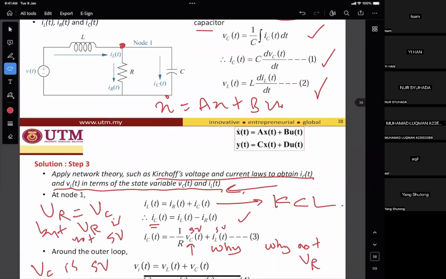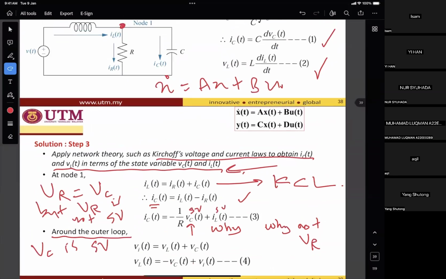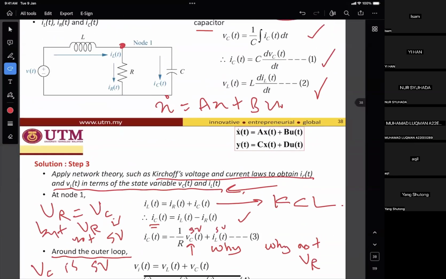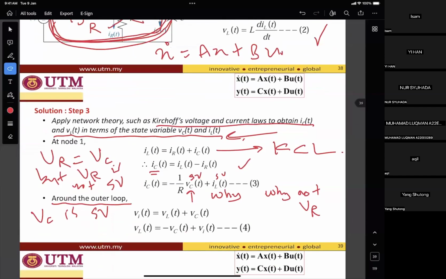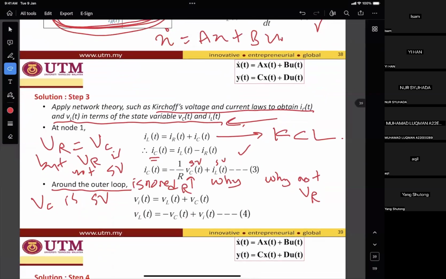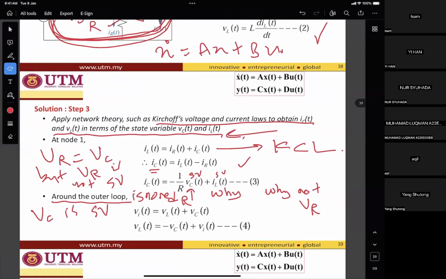So next we go around the outer loop. The theory says we only consider the outer loop, like my drawing just now, and we ignore R. So VI is equal to VL plus VC.